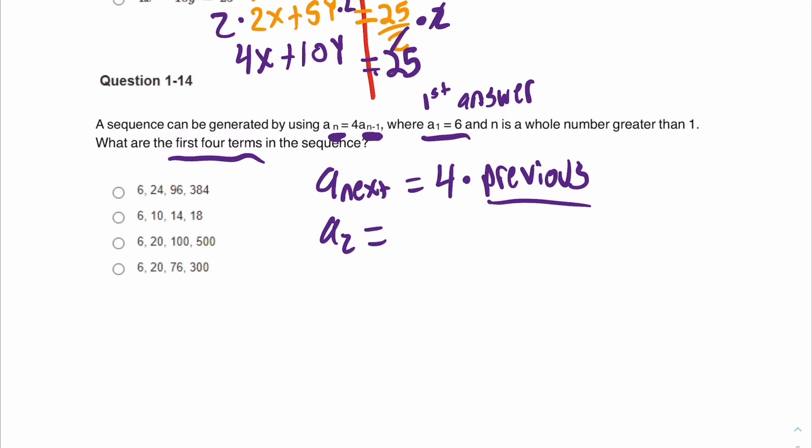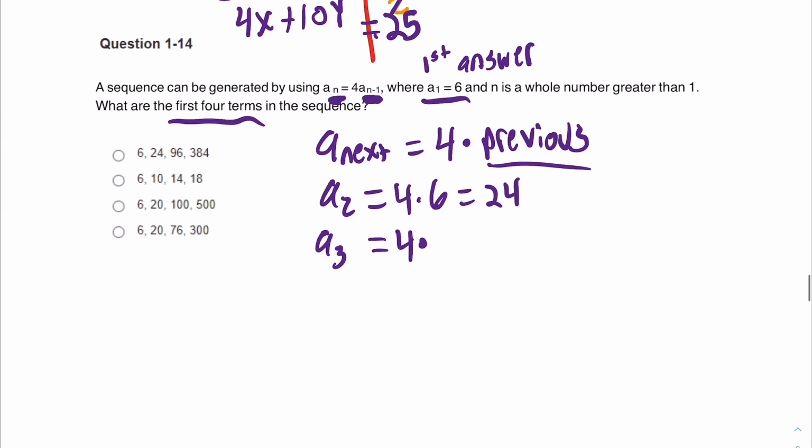So A2 is going to be 4 times the first answer, which is 6, to get 24. To get the third answer, we're going to do 4 times the previous answer, which was 24, and that'll get you 96. If you look at the answer choices, there's only one of them that has 6 as the first one, 24 as the second answer, and 96 as the third answer.